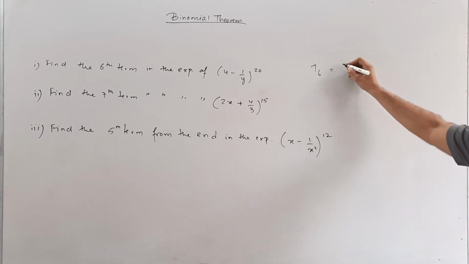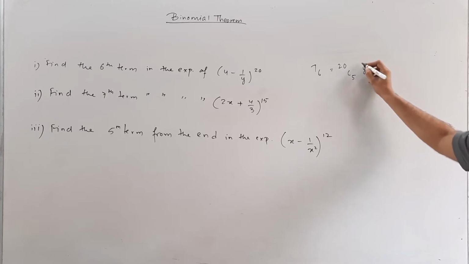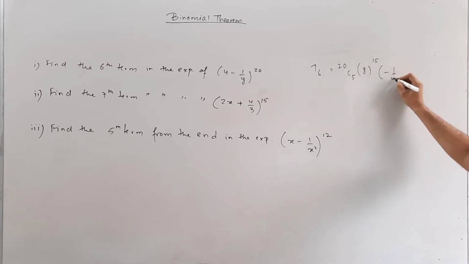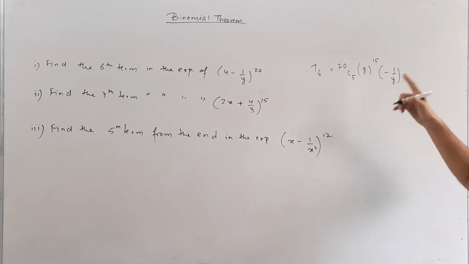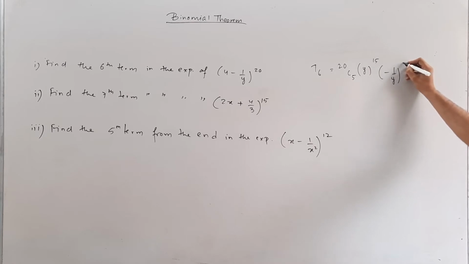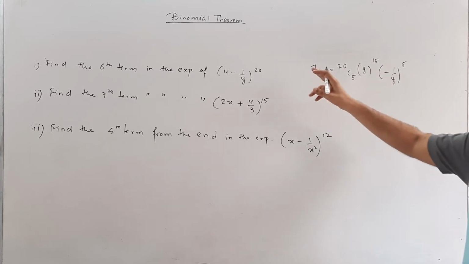So it's going to be 20C5 according to the formula, y^15 times (-1/y)^5, because overall 15 plus 5 should be 20. That's what is important. This power and this power when added should give us the n.